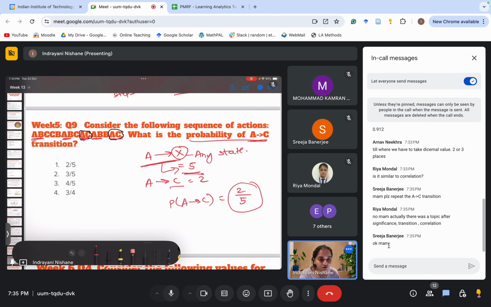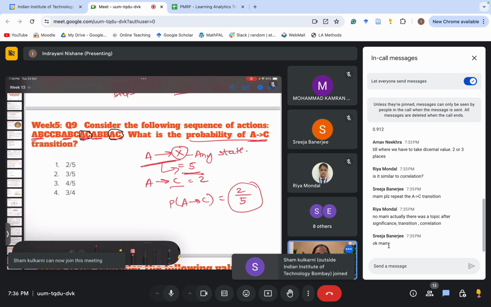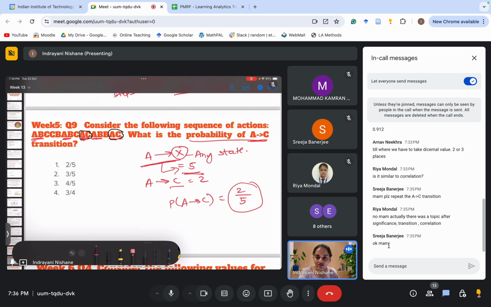Actually there was a topic after significance, transition, and correlation. Okay, yeah, fine. It is not similar to correlation. This is a different part. This is about the state transition diagram, which is roughly leading to our process modeling also. The process model may show how significance and transition and correlation work. It is about that, and not that correlation.